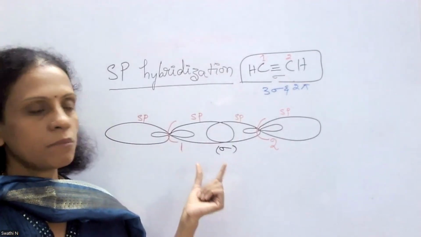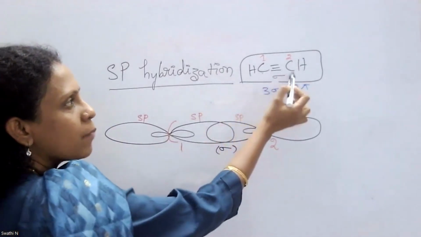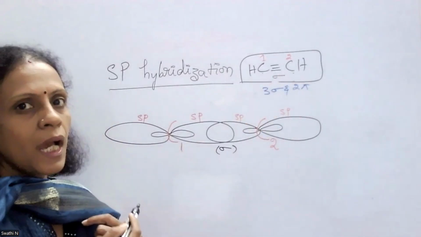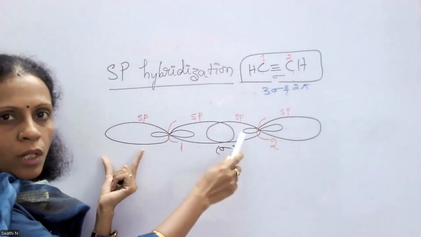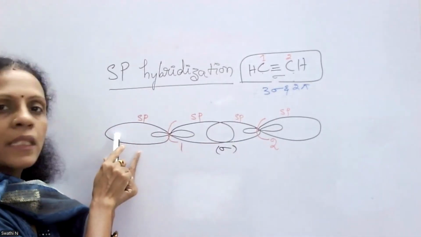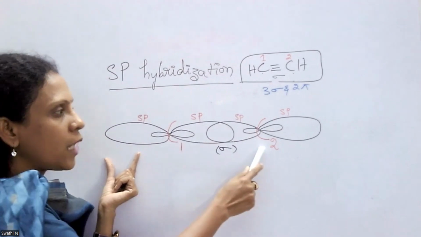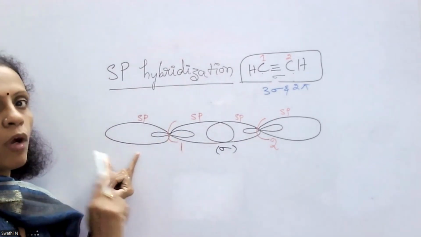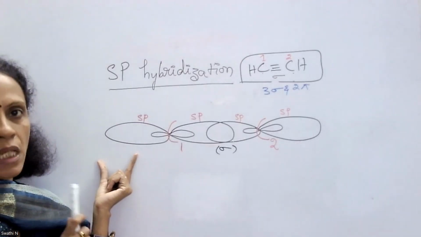That is how that sigma bond will be formed due to the overlapping of sp hybrid orbitals of the neighboring carbon atoms. Now coming to the other sigma bonds, these carbons are making the other 2 sigma bonds with hydrogen. You can see here, only one of the sp hybrid orbitals is involved in the bond formation with the neighboring carbon, while the other sp orbital, in case of carbon 1 and carbon 2, is empty. Now hydrogen, the atomic number is 1, that means it will have one s orbital.